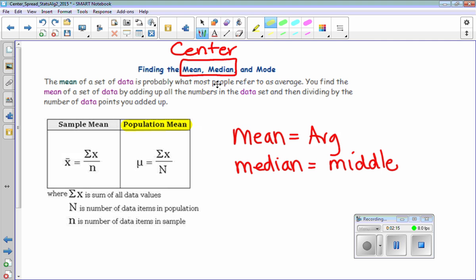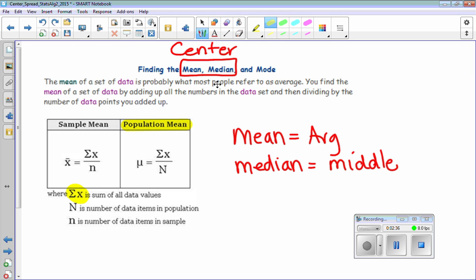So what does that sigma mean in this notation? We know what that means now. What do we do when you see a sigma? It means a summation. It means you're adding things together. So all this means is I'm going to add up all my values and divide by however many there are. And that's how you find an average.